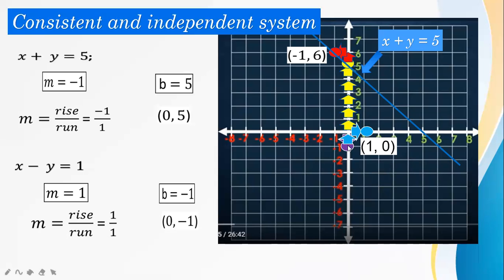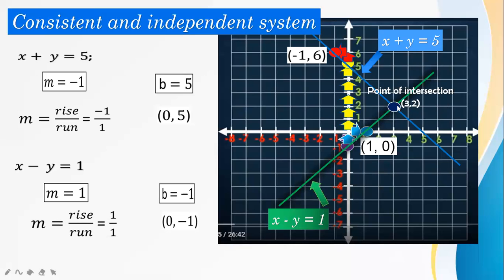And then after that, so we have 2 points using a line to connect the 2 points to get the graph of this second equation. So therefore, this will be your line. And therefore, this will be your x minus y equals 1. Then this will be your point of intersection.